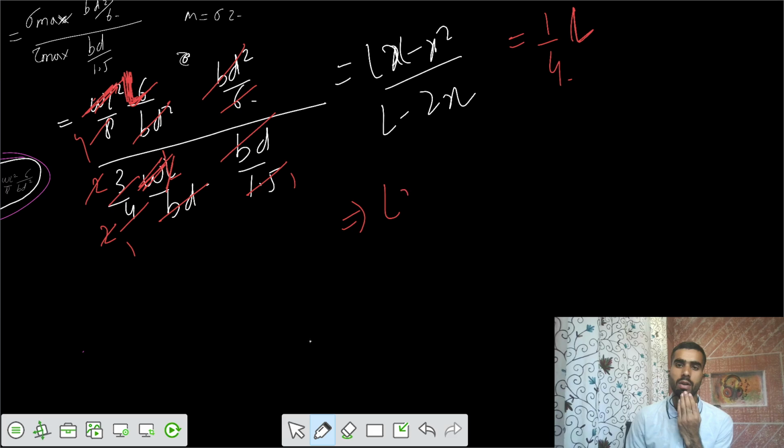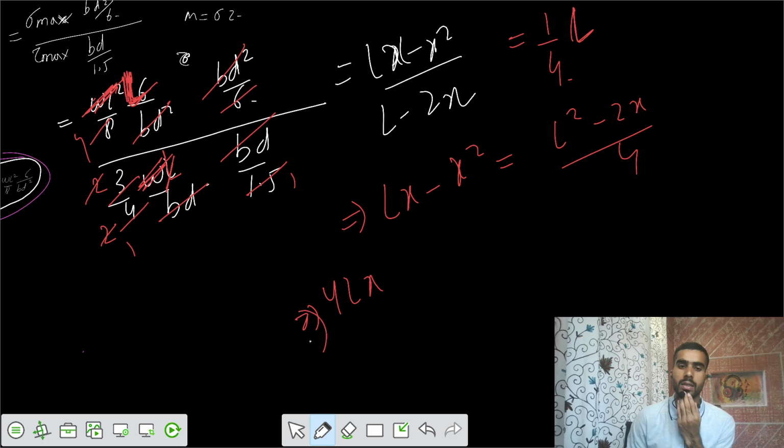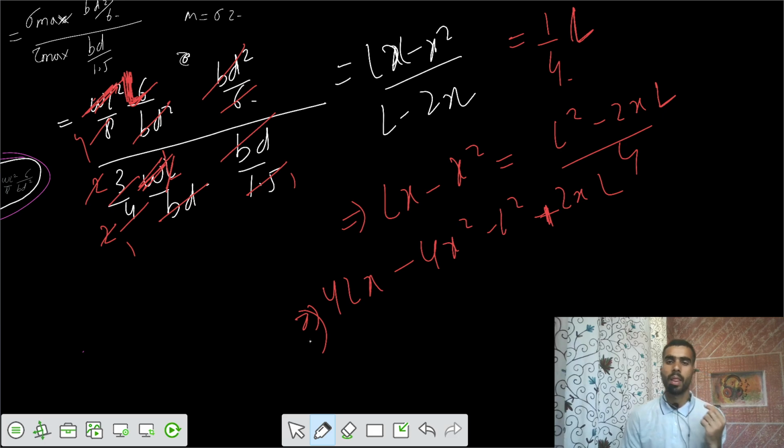Now if you solve that, you get Lx minus x square equals L square minus 2xL divided by 4. So you get 4Lx minus 4x square minus L square plus 2xL equals 0.